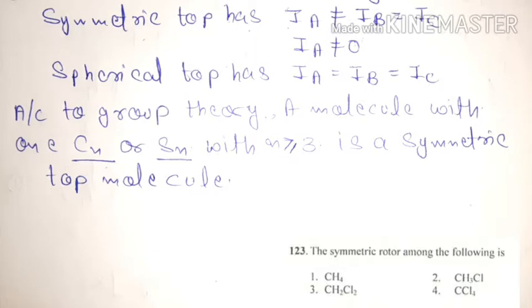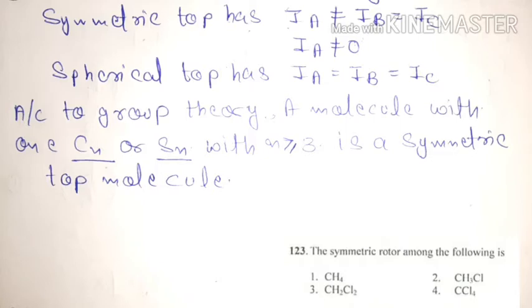In CH3Cl, we also have a C3 axis of rotation along the carbon chlorine bond. In CCl4 we also have a C3 axis of rotation along the CCl bond. So we have three options.